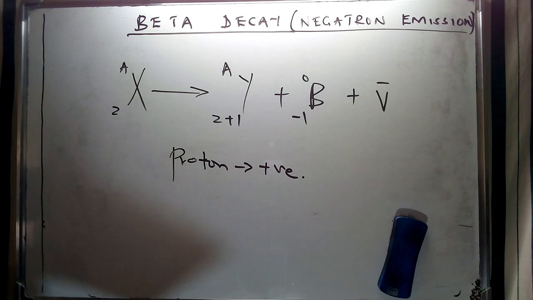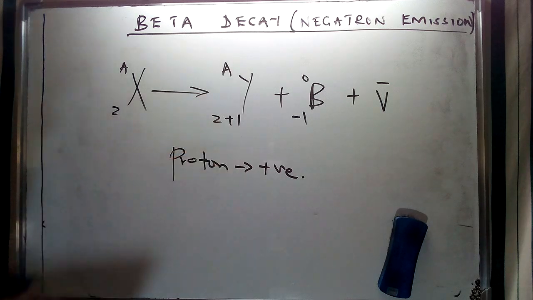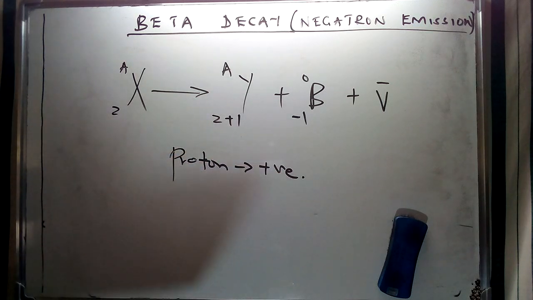So the proton is balanced by the addition of an electron in this daughter atom given as Z plus 1.